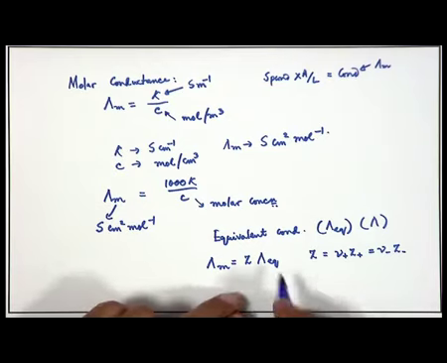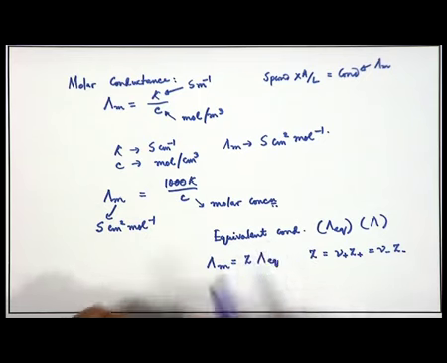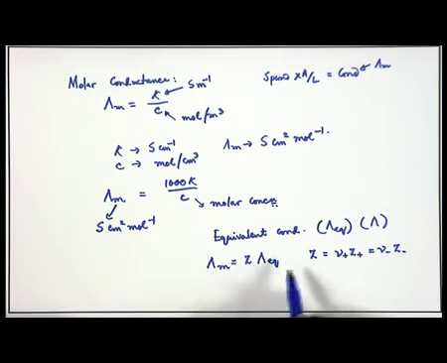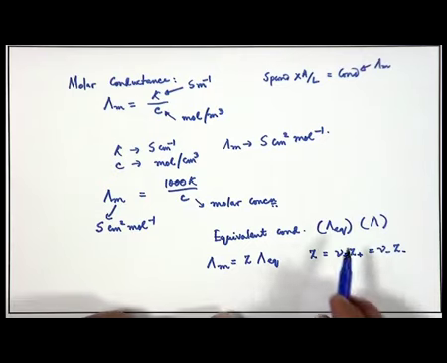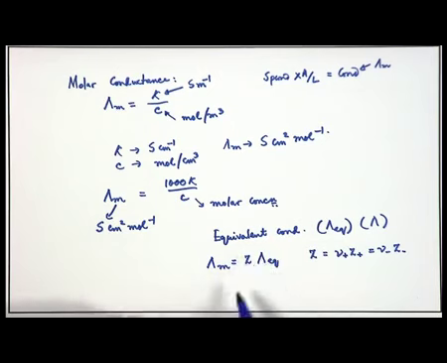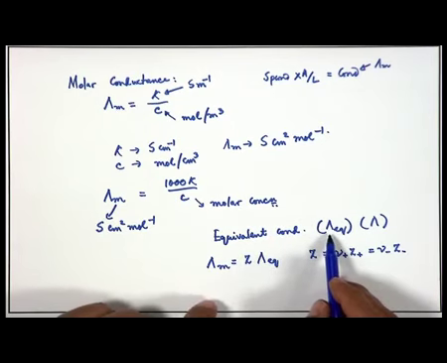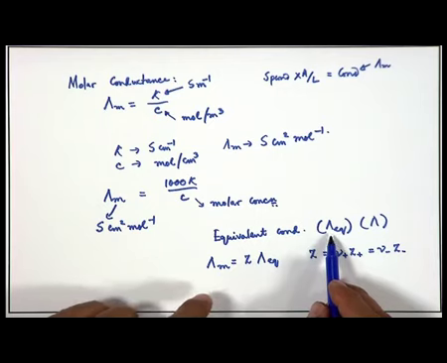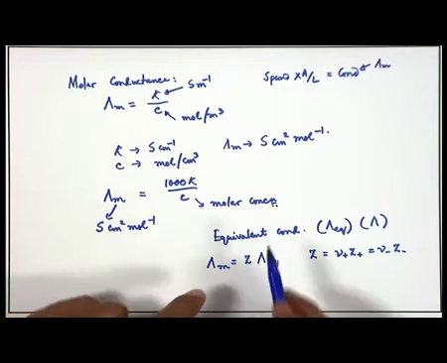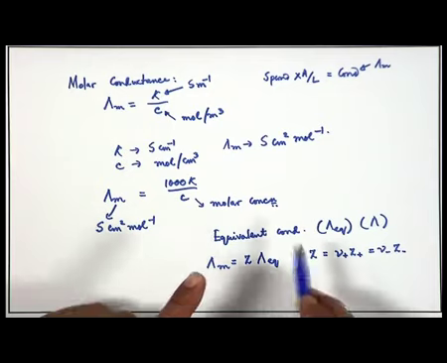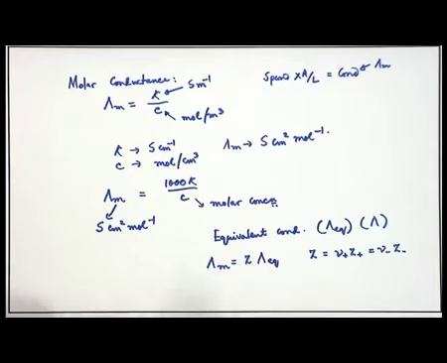So, either equivalent conductance or molar conductance can be used for any kind of studies. Why are these terms more important than specific conductance? Because we compare two electrolytes with respect to their conductivity.